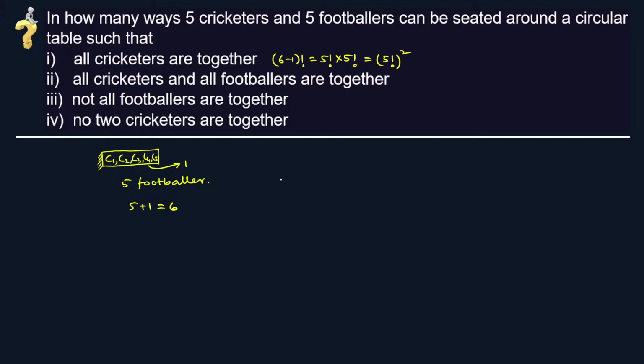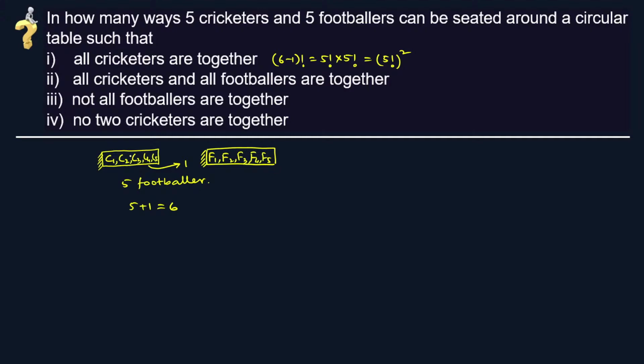It states all cricketers and all footballers are together. So all the cricketers I made in one box, and let us now put all 5 footballers in one box. Now we have 2 objects to be arranged around the circular table.